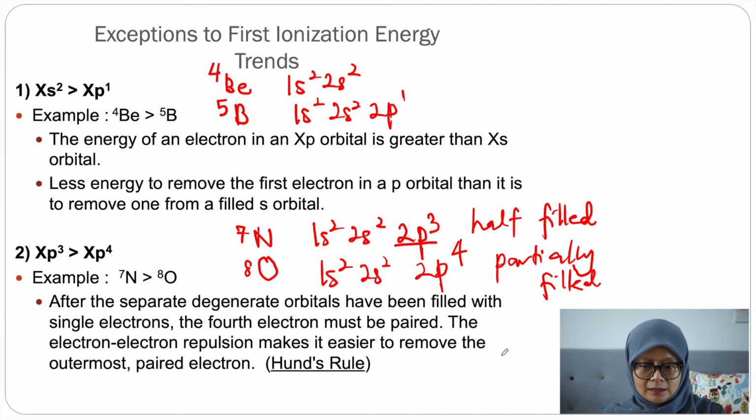Other than that, the electron repulsion makes it easier to remove the outermost paired electron, in addition to the half filled and partially filled electron configurations.